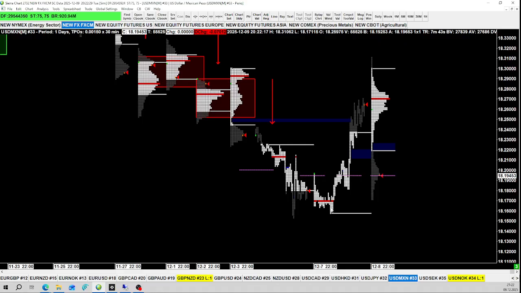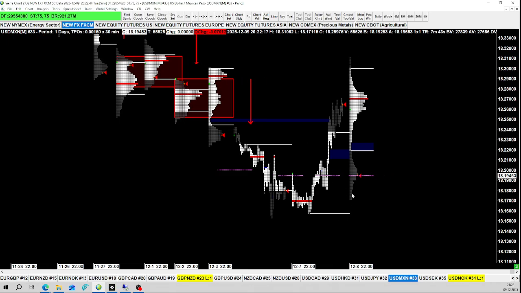I placed the buy limits, but the market didn't trade through my limits. That's kind of unfortunate, but it actually played out beautifully.